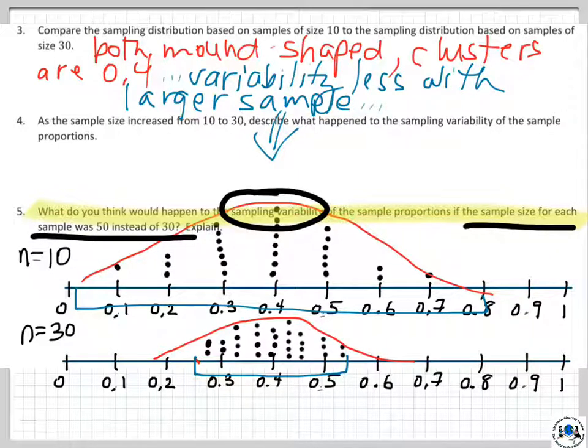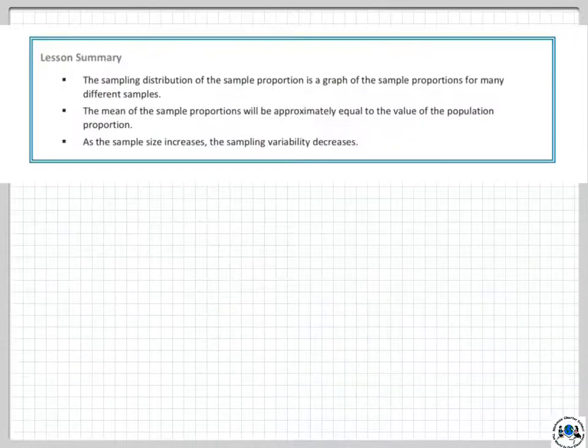Okay, and explain, and again, theoretically, not definitely, but theoretically, that variability will lessen. Okay? If you're going to have a sample size of 50, that variability should continue to get less and less and less. Okay, and that's it. We're here at the end.